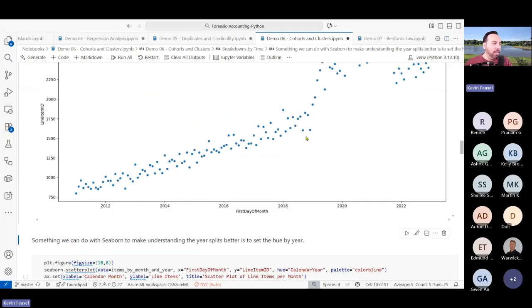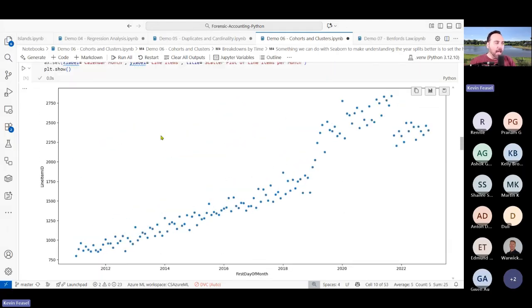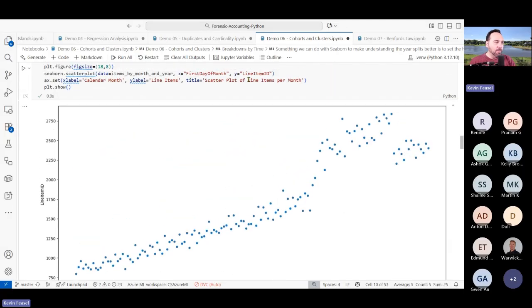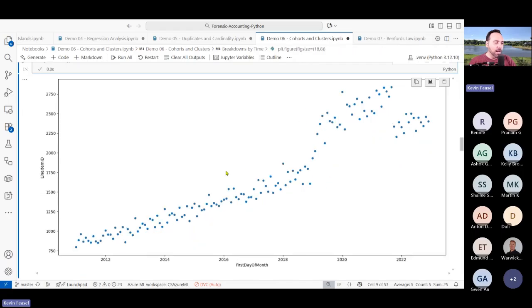Now, if I look at number of items, this is a number of line items per month plotted as a scatter plot. So I'm showing each of the 12 months on here and staggering the data so that we see the monthly points. So we do see, it looks like up to maybe right about here, maybe a little bit higher.